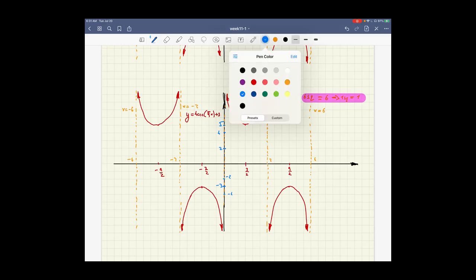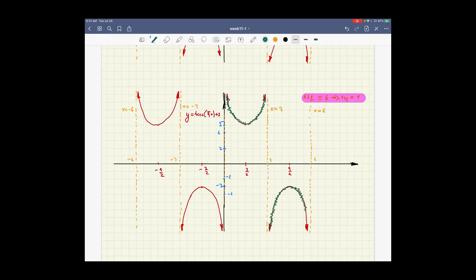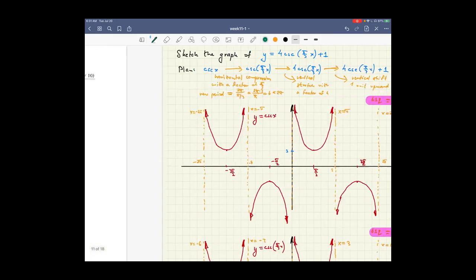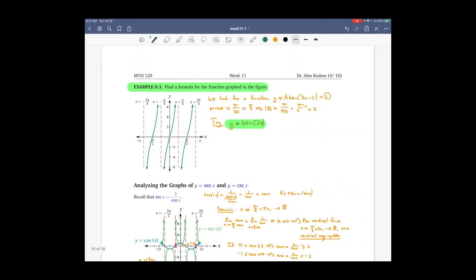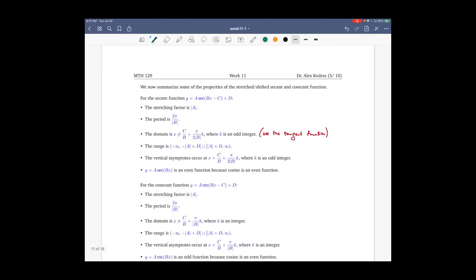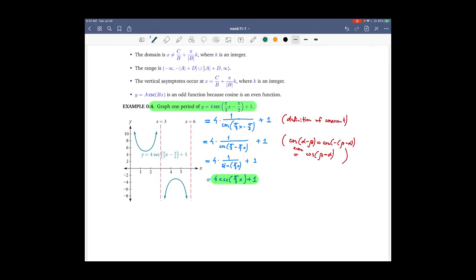So this piece of the graph that's in green now is what you see below the problem statement. That is what we have here.